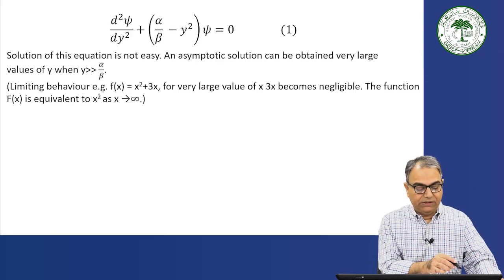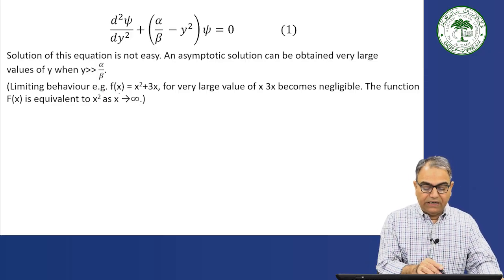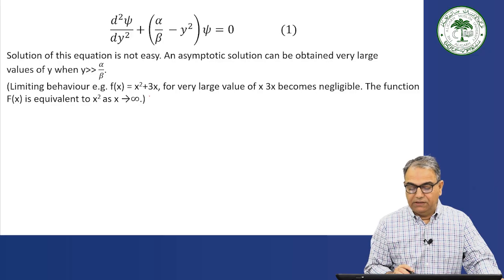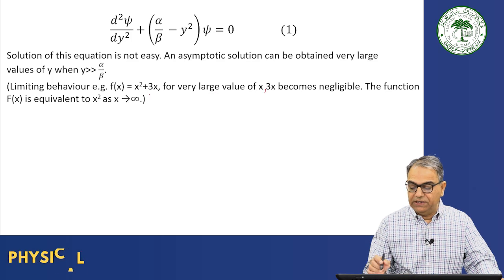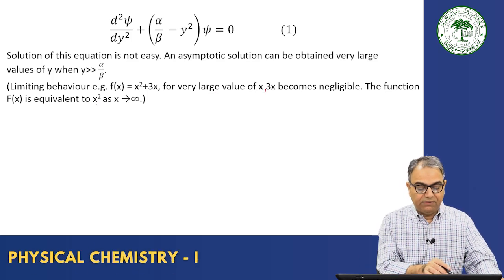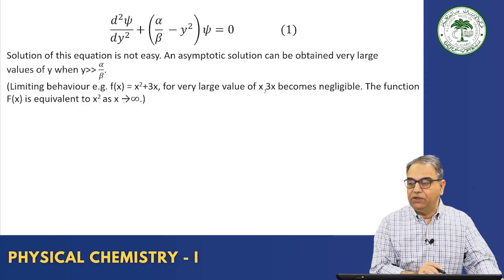I have given you the limiting behavior as an example: f(x) is equal to x square plus 3x. For very large value of x, 3x becomes negligible and the function becomes equivalent to x square as x tends to infinity. So this is called asymptotic solutions.